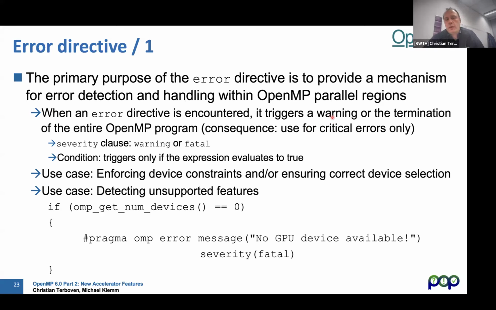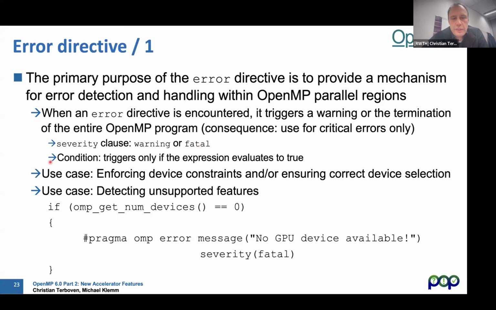It can either issue a warning, that means something is printed to the command line, or it can actually terminate your program. That means it is used for critical, unrecoverable errors only. And you can specify this with a severity of either warning or fatal. That means cancel your program.